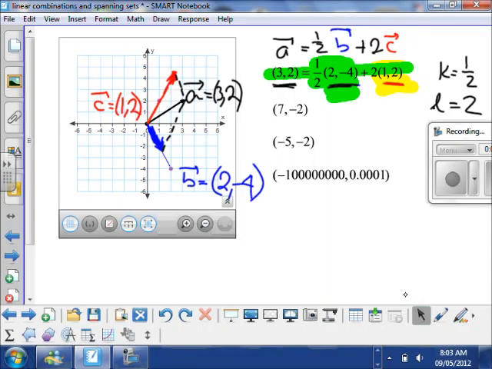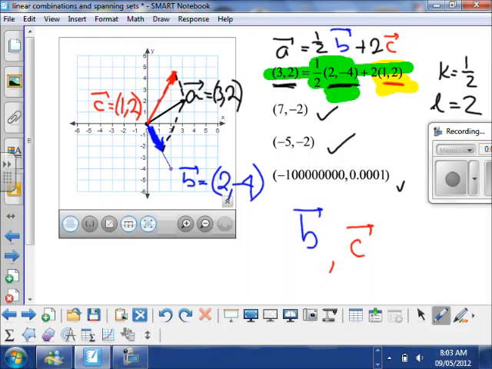Good. Now your task is, I want you to use the same vectors B and C, and I want you to write these 3 vectors that I have here, 7 and negative 2, negative 5 and negative 2, negative 1 million and 0.00001, or whatever I have there.